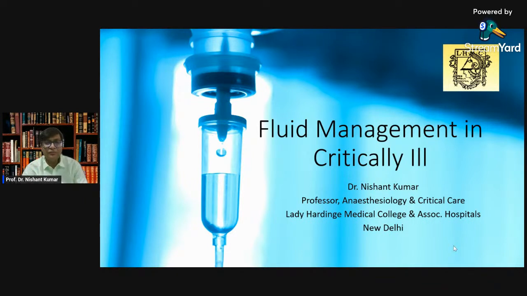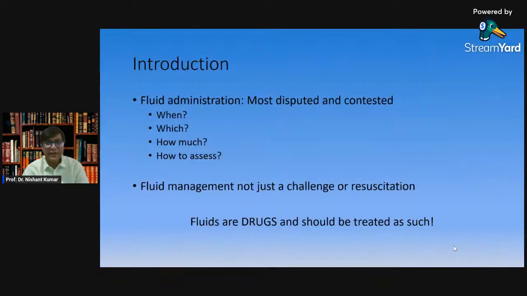So, today's topic is fluid management in the critically ill. Now, fluid administration in the ICU is probably one of the most disputed and contested topics that you could come across. It starts with when to start fluids, which fluid to give, how much fluid to give, how to assess whether more fluids are needed or not, and when to stop giving fluids and when to withdraw.